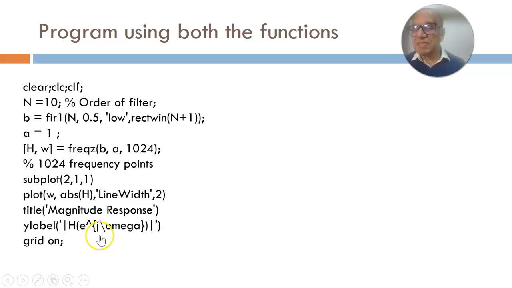And within curly brackets, what we have done here is J, and then remember omega is a symbol which cannot be used in your MATLAB program, so we use W. But when we are displaying the result, it will be useful if we actually display the omega. So how to do that? You use this backslash followed by omega, and you will actually be printing the symbol omega and not the letters omega. Okay. So note this. Similarly, you can explore and print many other kinds of characters.